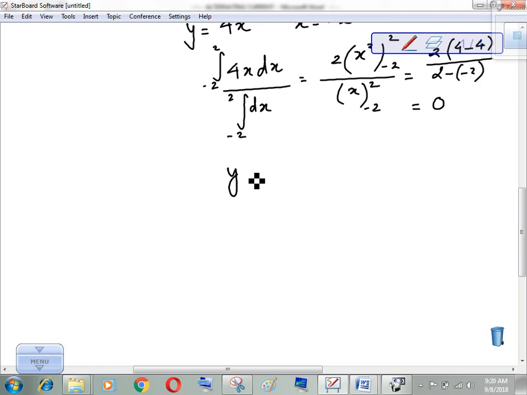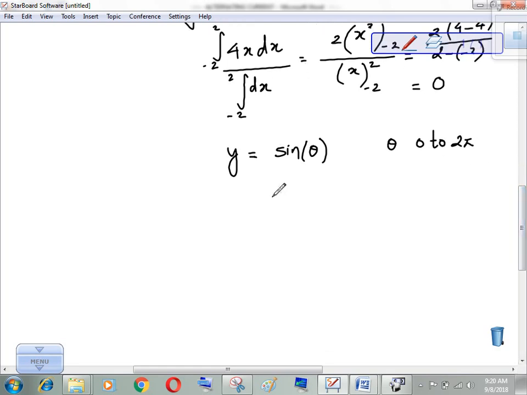One more example. I say y is sine theta. Average value of y for the range theta 0 to 2 pi angle, 0 to 2 pi. So I'll say it is sine theta d theta, because y is a function of theta.